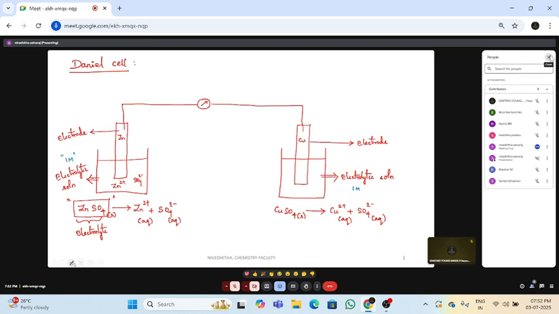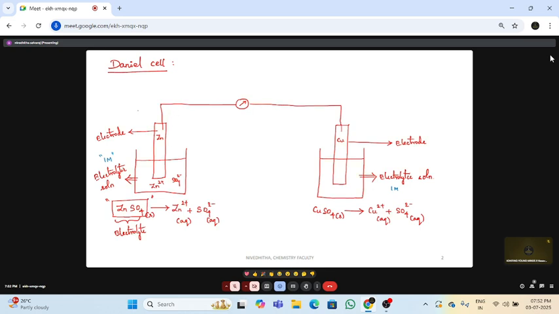See, on the left side I have two types of chemical species. One is zinc, which is in solid state. Another one is Zn2+, which is in aqueous medium. Okay. So whenever I'm talking about zinc, you have to visualize that I'm talking about the atom which is present in the rod.